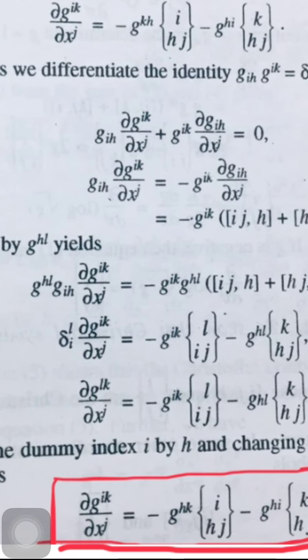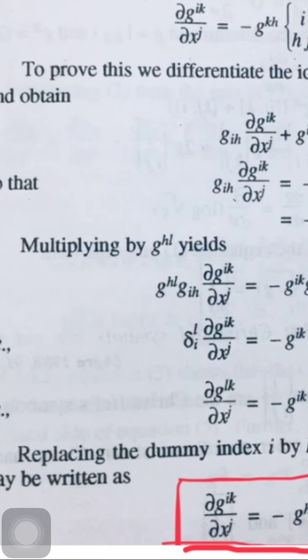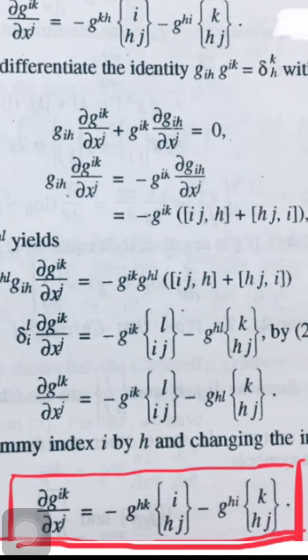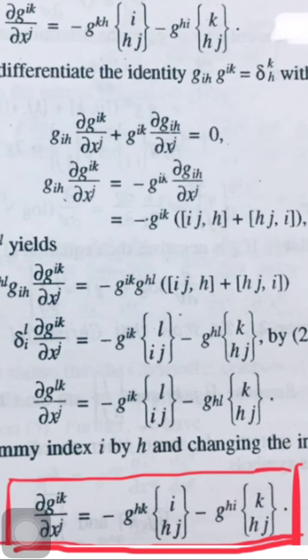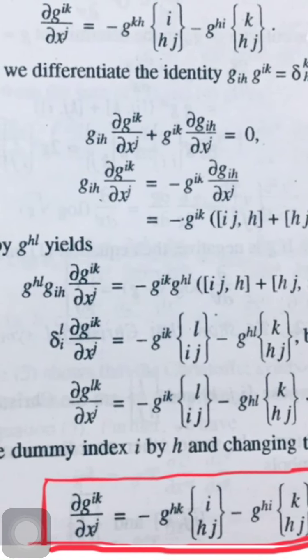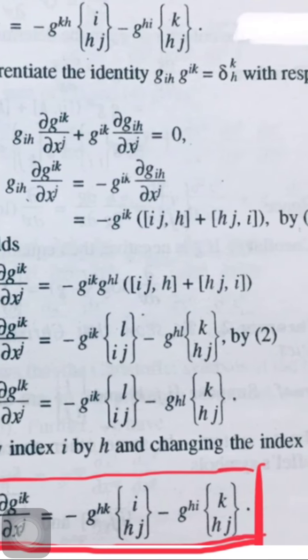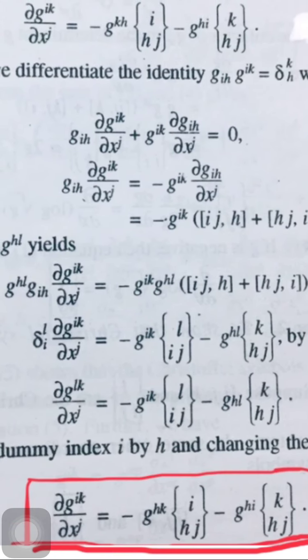After putting this, we multiply both sides by g^hl, inner multiplication on both sides, and it becomes the Kronecker delta by using 2. This becomes δ_li, and the g^hi term becomes the second kind notation, which can be written in the second form of Christoffel symbol by definition.